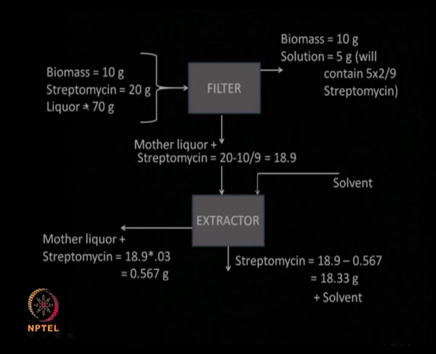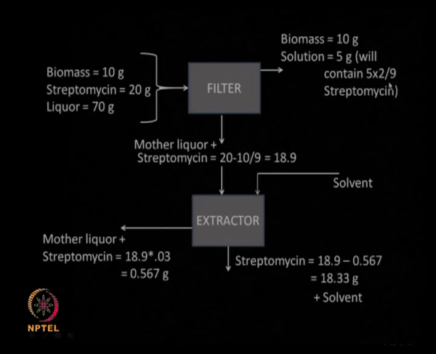will contain both streptomycin and liquid. So 2/9 of this 5 grams will be streptomycin, understand, and 7/9 will be the liquid. So the amount of streptomycin lost here is 5 into 2/9.